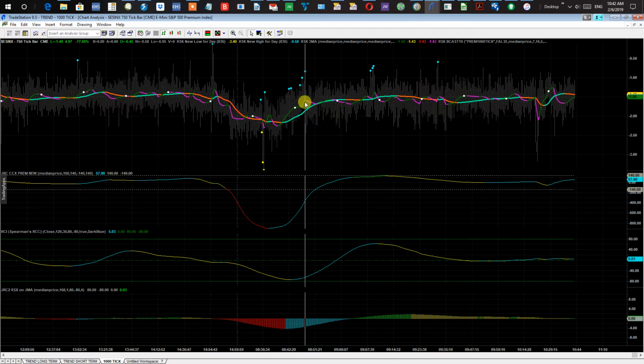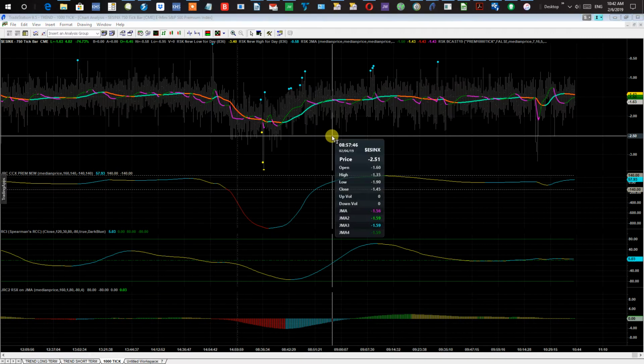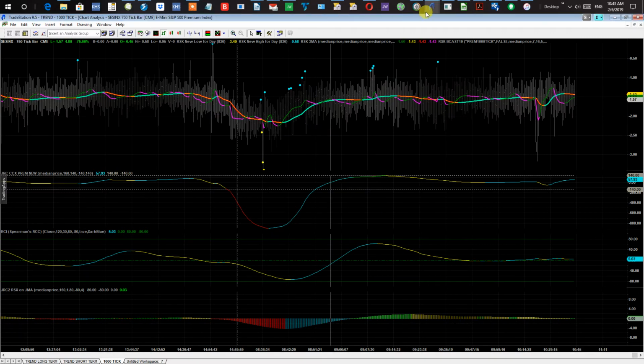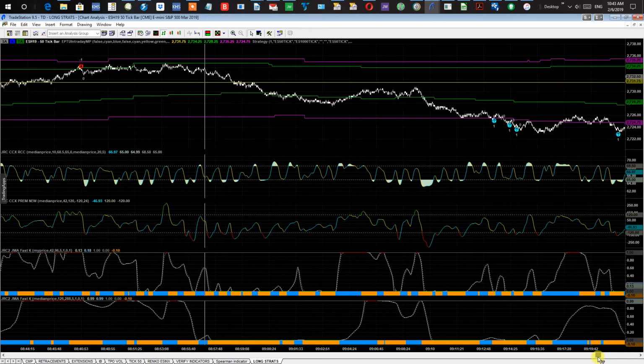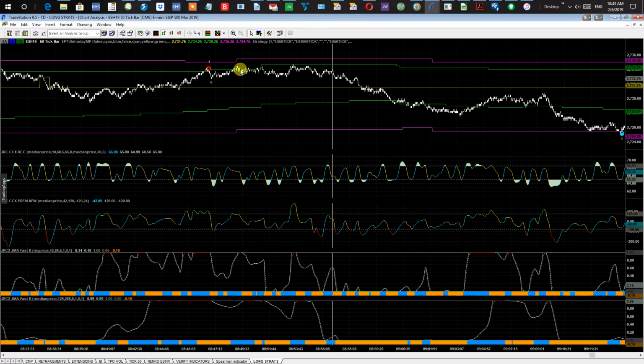Okay? So, where were we at over here? Right. That's where the initial trade signal took place. And this is where the premium is now truly divergent.